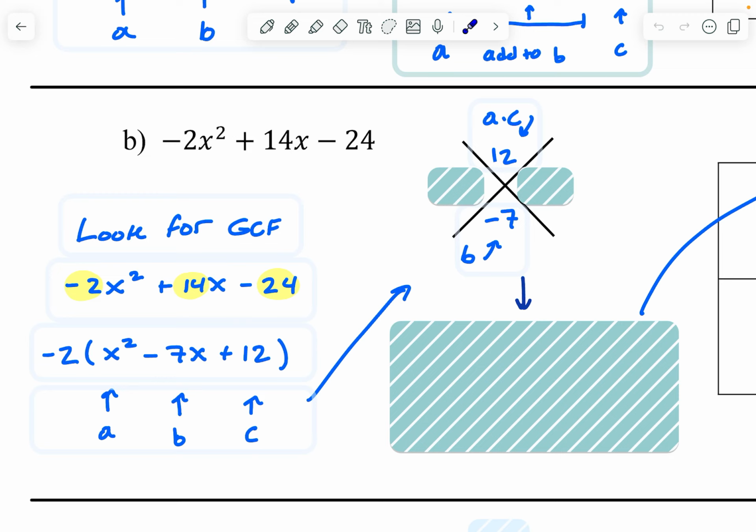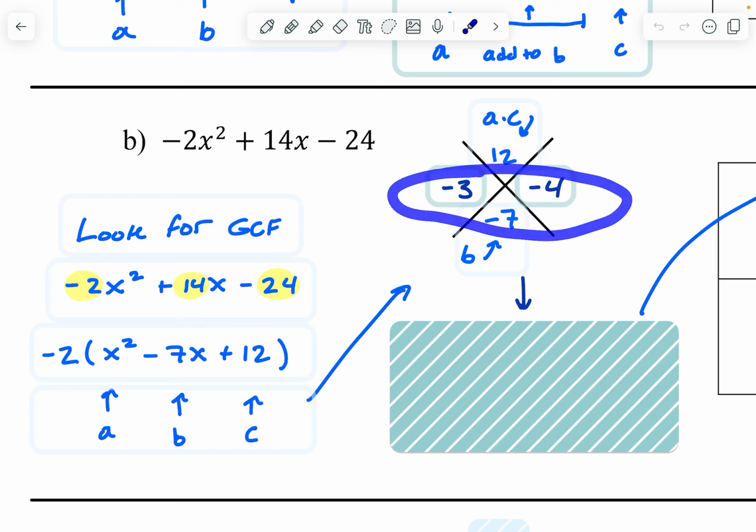Now we need to find two numbers that are going to multiply to 12 and add to negative 7. These two numbers are negative 3 and negative 4. Negative 3 times negative 4 is positive 12, and negative 3 plus negative 4 is negative 7.